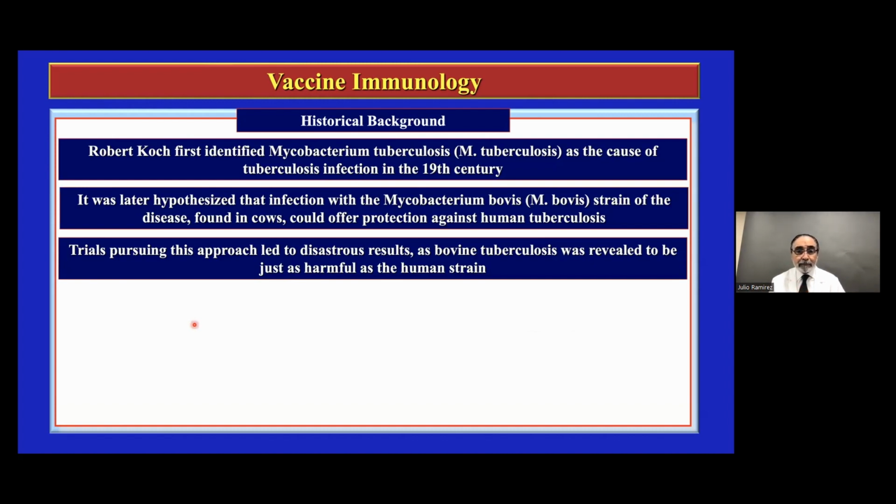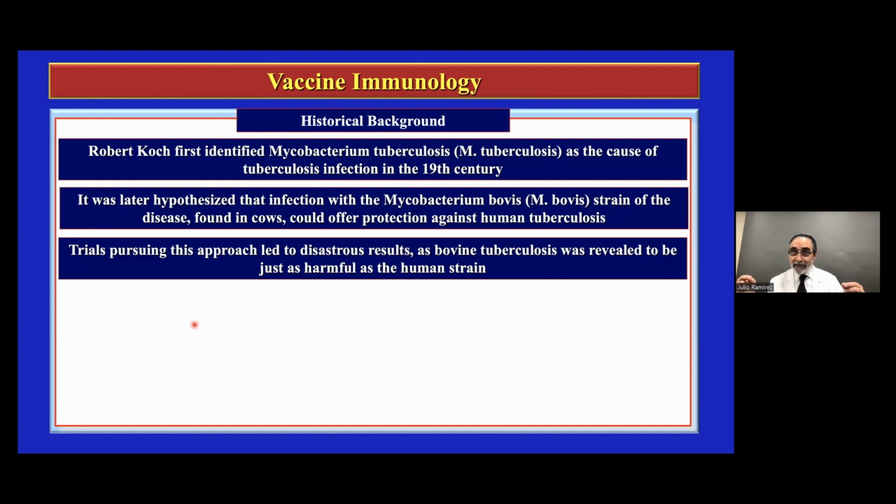And the hypothesis was, we know that the cow also has tuberculosis, with Mycobacterium bovis. Then the hypothesis was, look at this cowpox and this smallpox. If I give whatever is in the cow to a human, the human doesn't get smallpox. Now there's tuberculosis with Mycobacterium tuberculosis, and there are cows with Mycobacterium bovis.